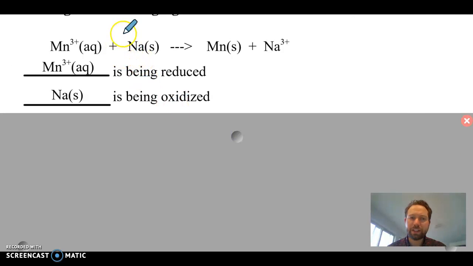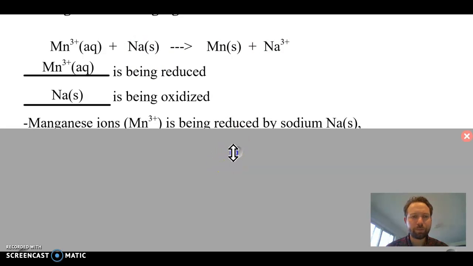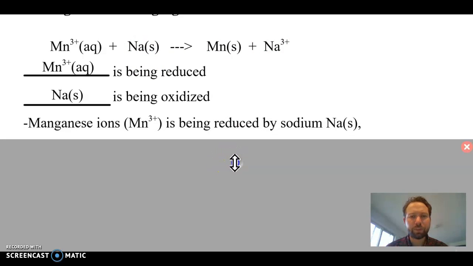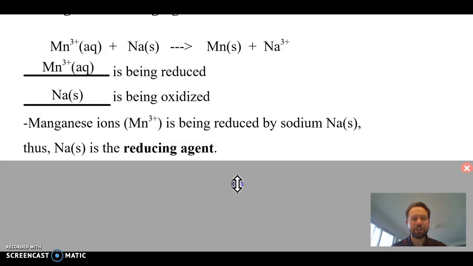And then conversely, sodium, the solid, was being oxidized. So Na(s) is being oxidized because it became a cation, which means that it lost electrons. Because manganese is being reduced by sodium, because sodium gave up its electrons, sodium is the reducing agent.